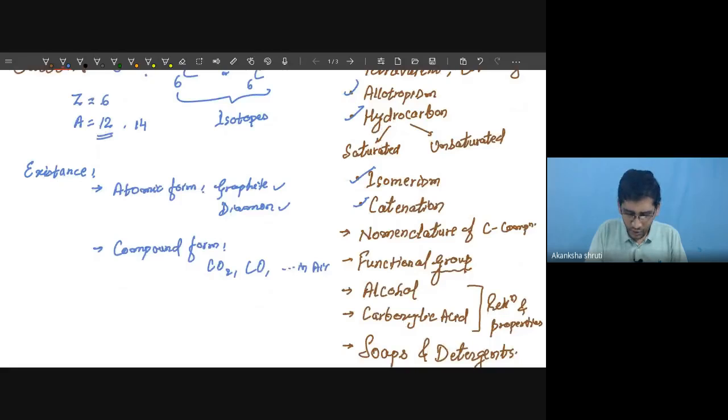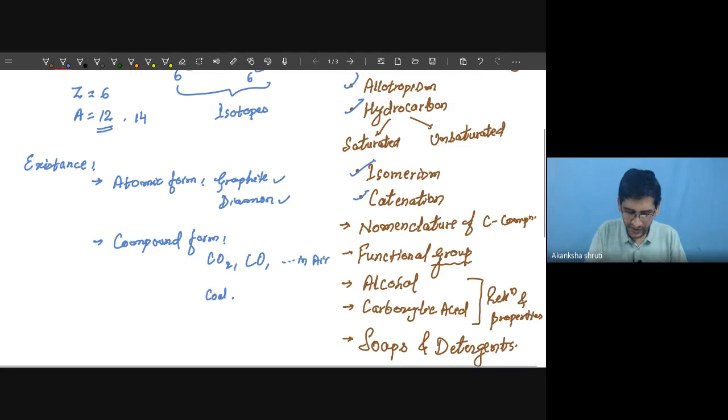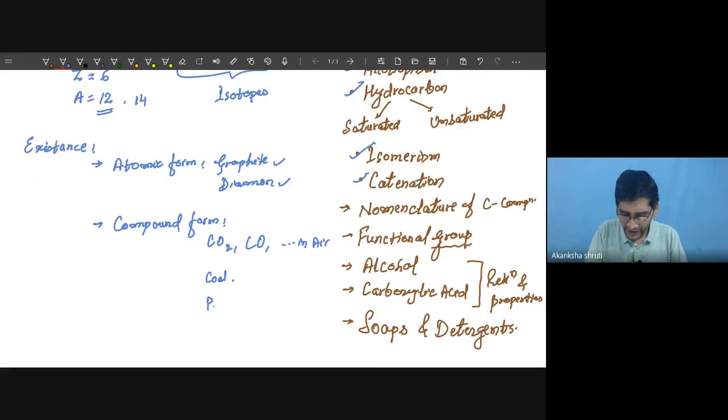If we consider the coal, so coal is what? Coal is also carbon, or most of the content of coal is carbon, because while burning the coal we get the heat. Coal is used as a fuel. Another is petrol and petroleum.